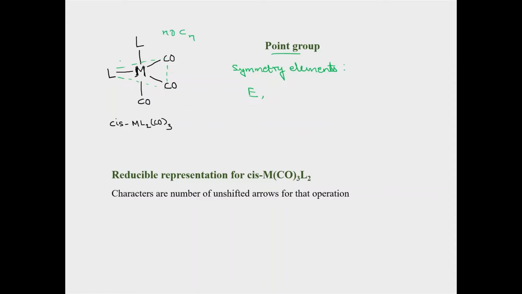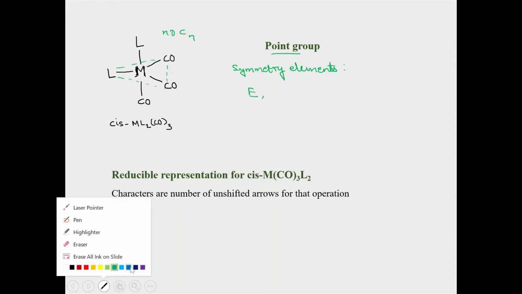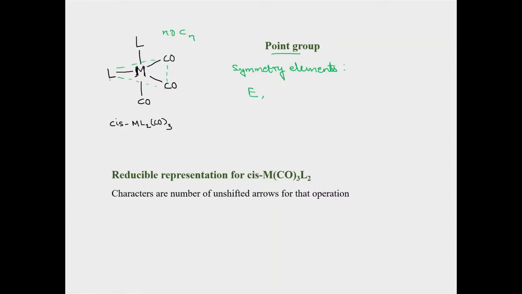There is just one sigma plane, which will be passing through this ligand L, this L, and CO. So this is the only plane; only one sigma plane is present in this complex.